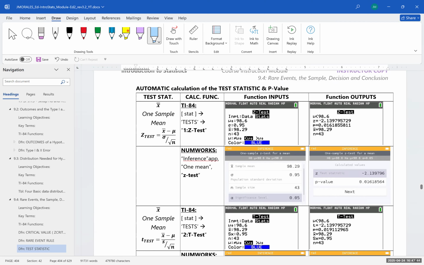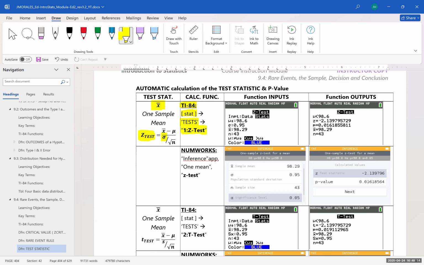So you can see here on the left-hand side, if you had one sample mean and the population standard deviation is known, and you need to calculate this sample z test statistic, then in the Texas Instruments calculator, you hit the stat button, you go to the test menu, and you run a z test.